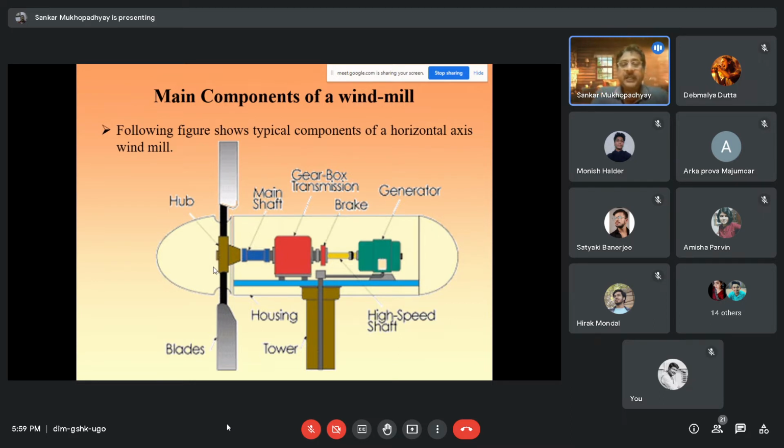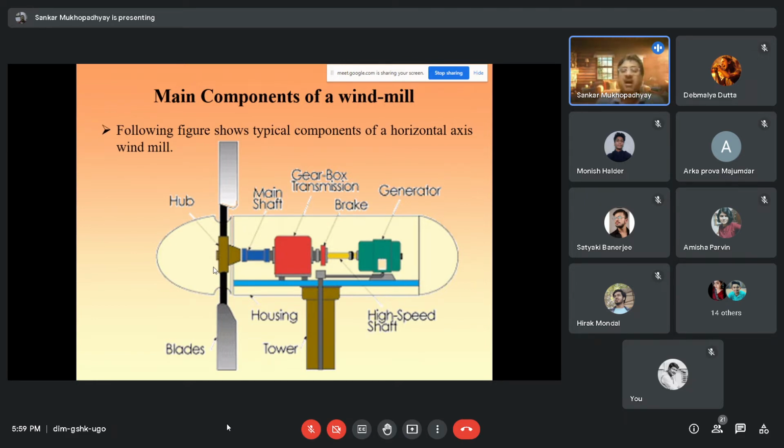And ultimately, this is the structure. The high speed shaft shows that whatever the wind speed, the speed of the blades cannot be very high. So I need to make my generator much faster.